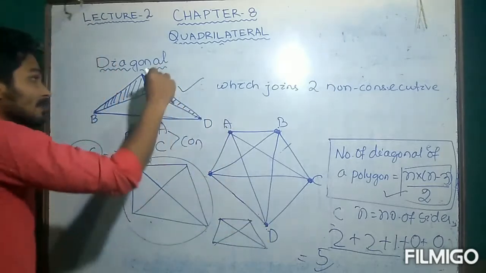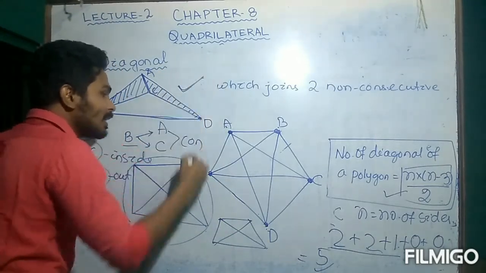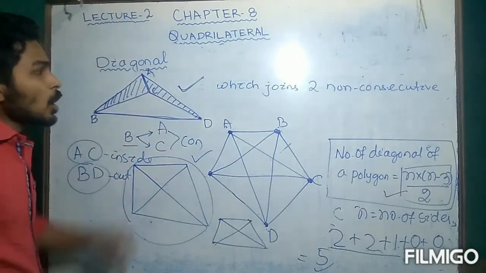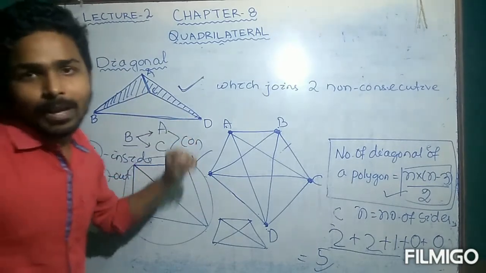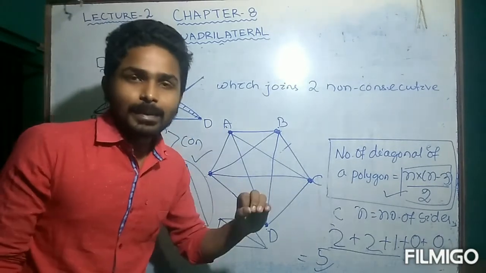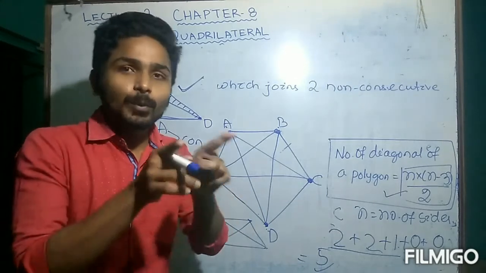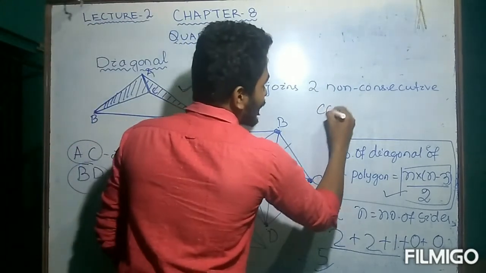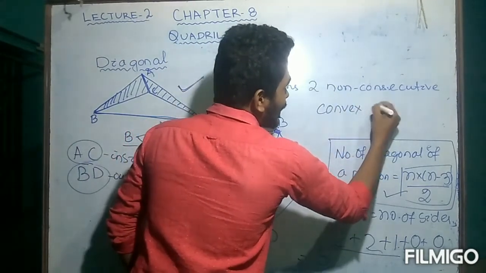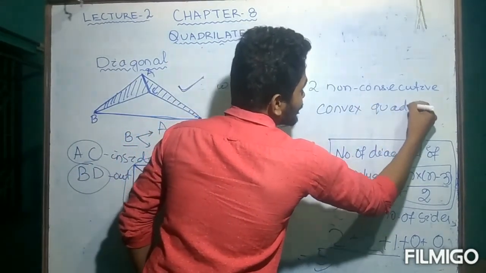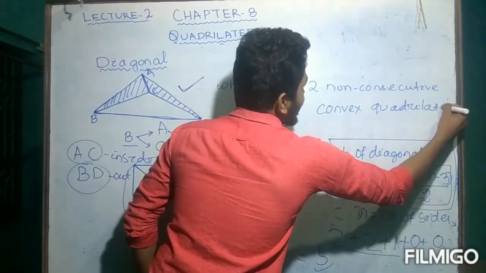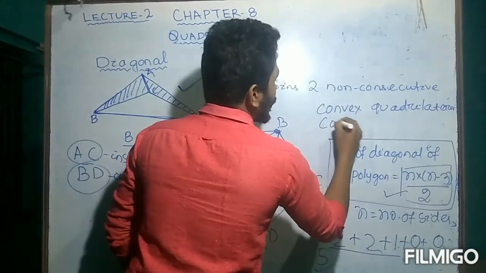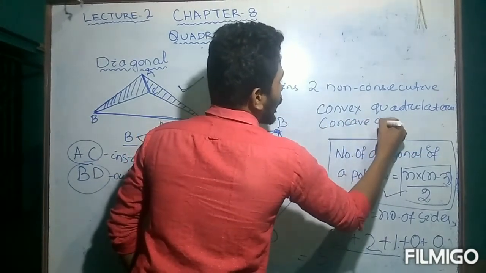That is why this type of quadrilateral is completely different from this type of quadrilateral on the basis of diagonals. And on the basis of diagonals, quadrilaterals are of two types. What are they? They are known as convex quadrilateral, and the second one is known as concave quadrilateral.